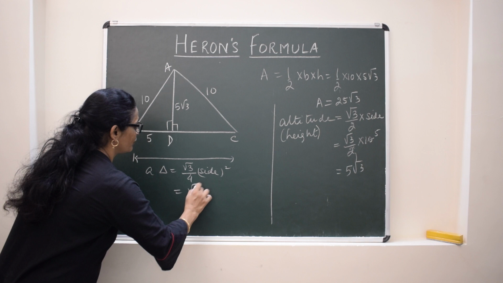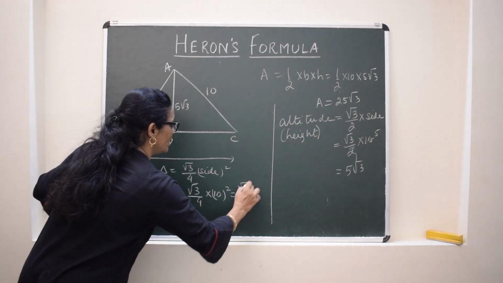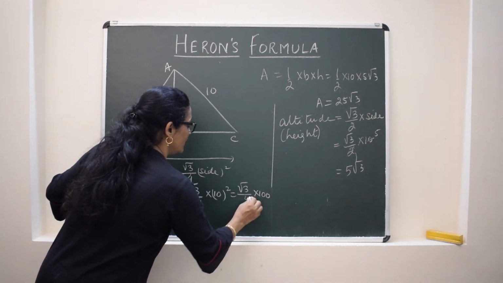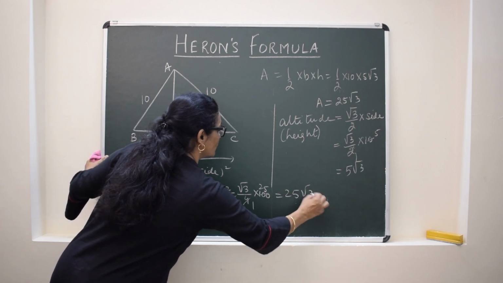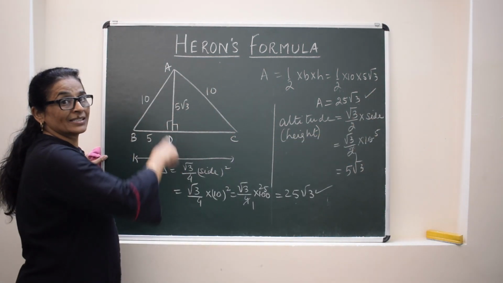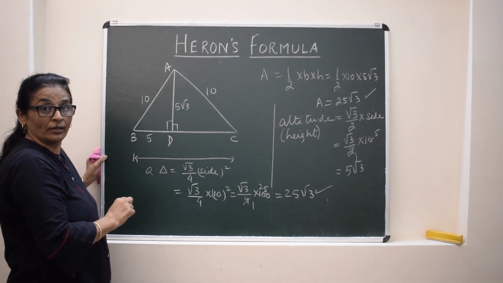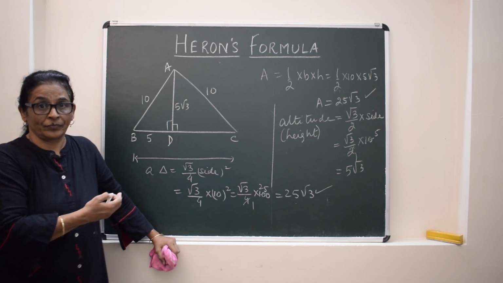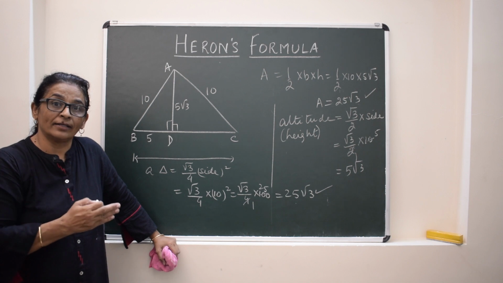Here side is 10, so that would be root 3 by 4 into 100, and ultimately it is 25 root 3. So just check it out. The area by taking base and height is also 25 root 3, and if you are using this formula directly, then too it is coming 25 root 3. This we have seen: when we know the base and the height, we can calculate the area.